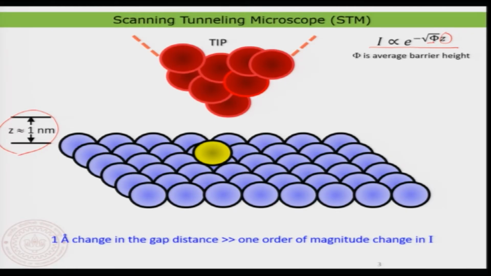But what is important at this point to notice is that this tunneling current is strongly dependent on the distance. So, if you plotted the current versus distance, it would look like an exponential function, right.